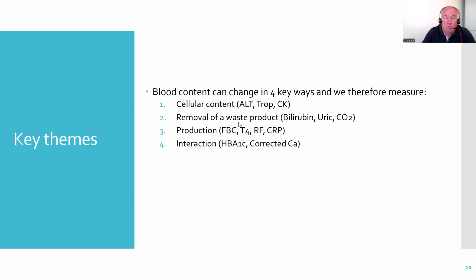Removal of a waste product, something that should be removed by the kidney or the liver. We'll look at production. So the body is going to make thyroxine, rheumatoid factor, CRP. They're all examples of production. And then we're going to have a look at interaction. So these are 2 things that interact with each other. For example, a red blood cell interacting with glucose to give us HbA1c.